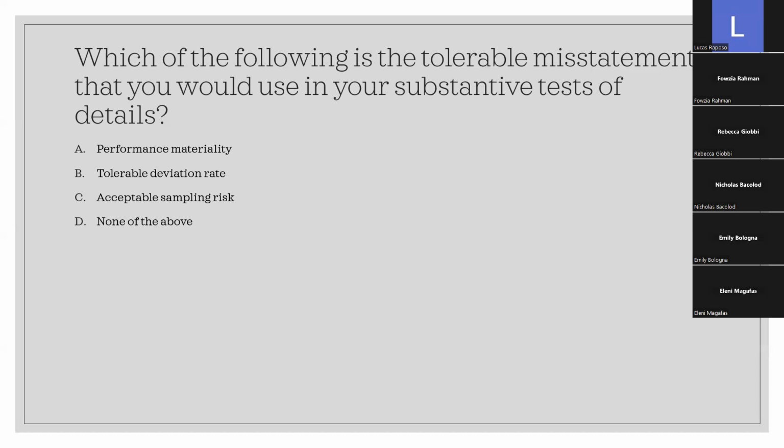These are not on the exercise document. These are just the ones that I added to the tutorial. It's going to be recorded, so you could take a look after. These are not from the book, I found them myself. Gabriel says A, performance materiality. Do we have any other? Patrick has no clue. Christina wants to say C, acceptable sampling risk. So either A or C. Interesting.